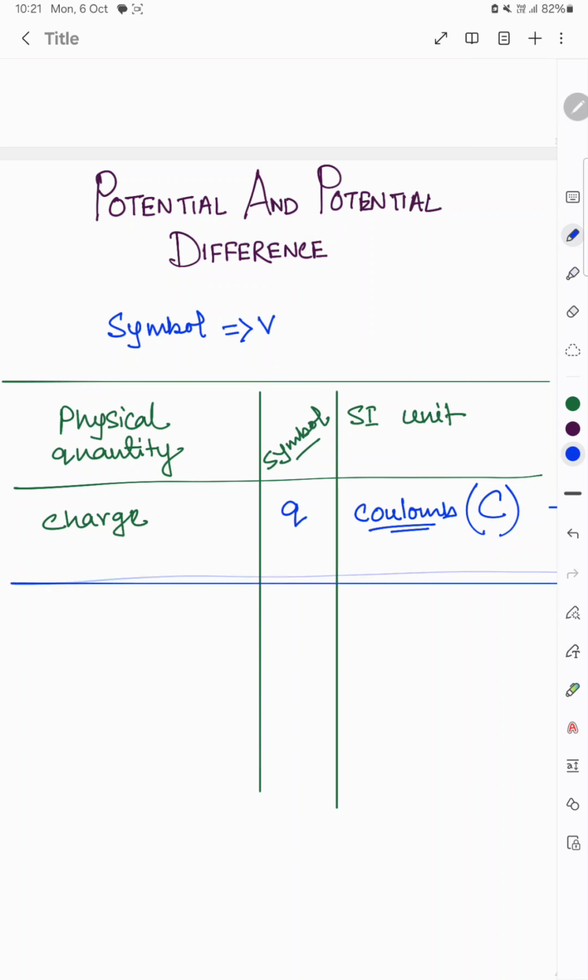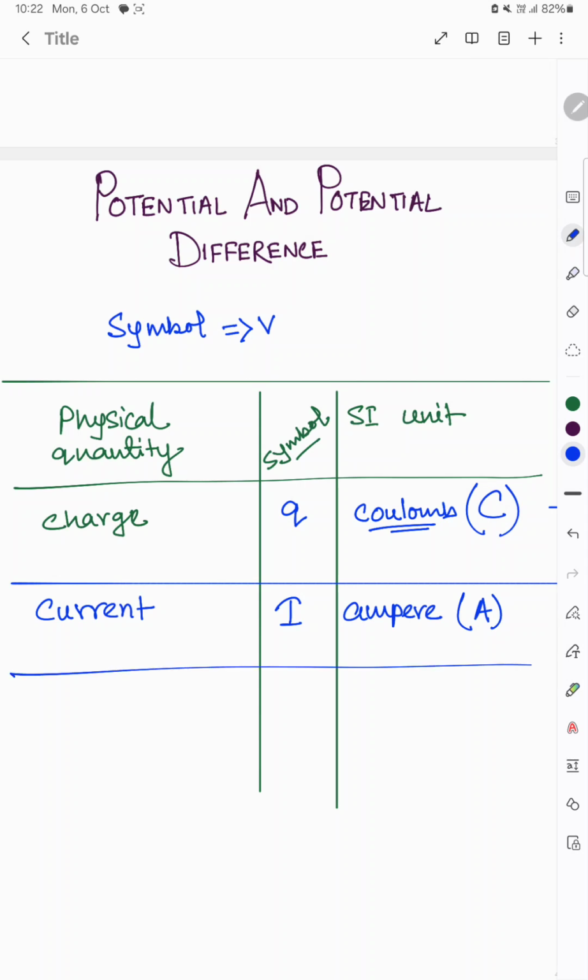Let me know by writing in the comment section, or my students can also directly ask me over WhatsApp. Okay, next is the current. Current is symbolized as I, and its SI unit is ampere. Symbol is A, capital A.